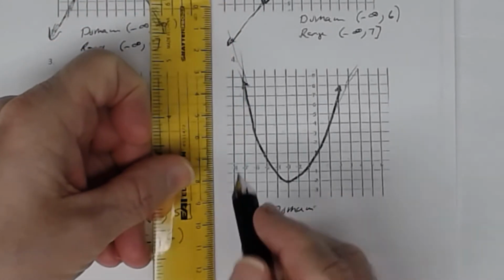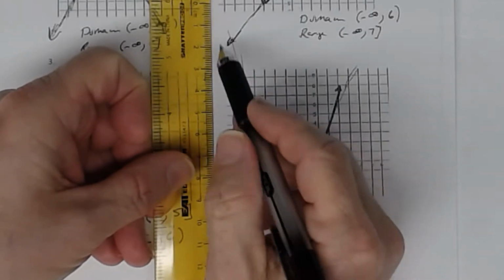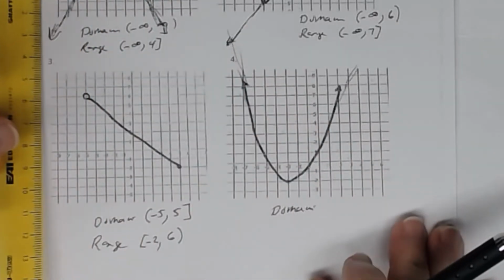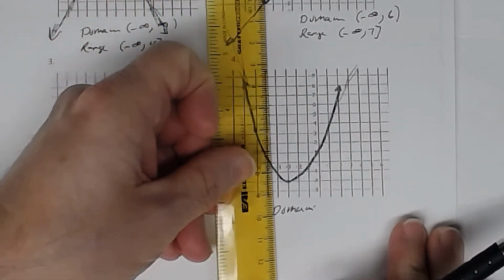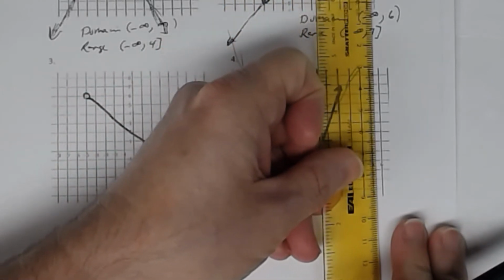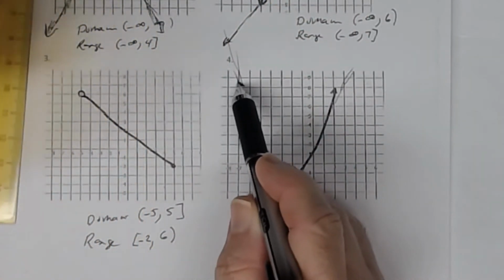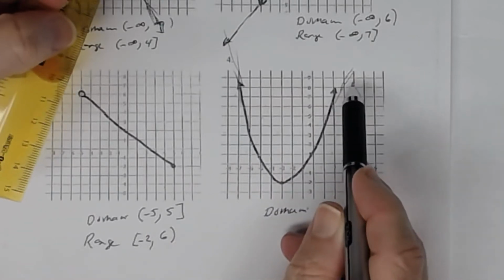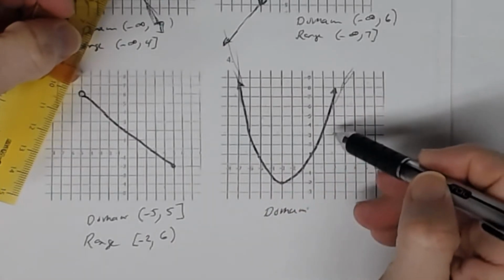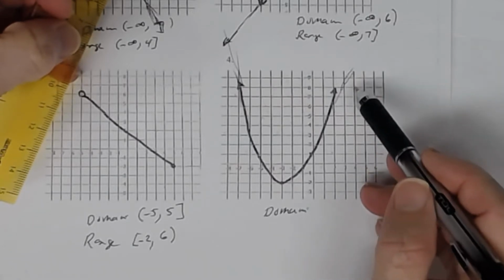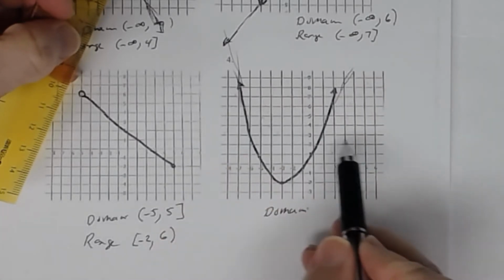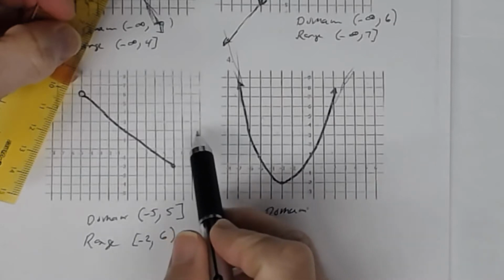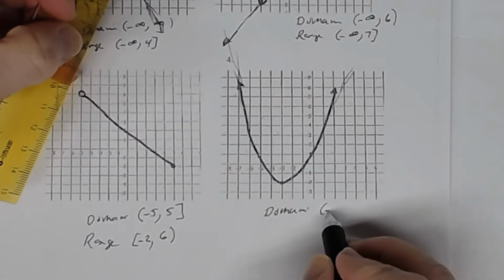When I go along the x-axis, remember, it keeps going, right? So you're going from negative infinity all the way to positive infinity. If you look at any point in that graph, my x coordinate will be any real number, so negative infinity to infinity.